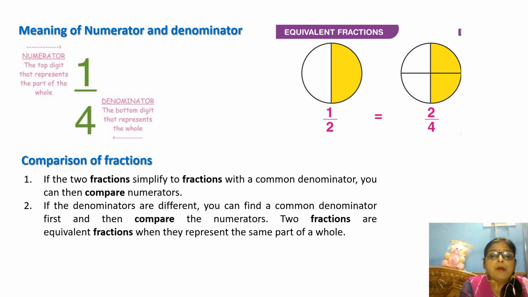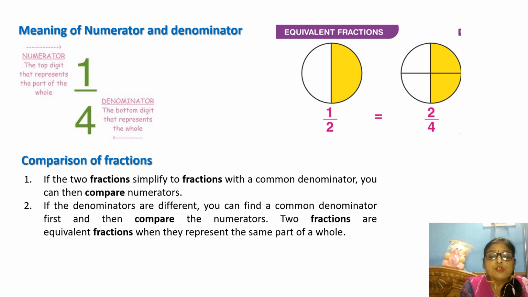Next one, comparison of fractions. You have to find out, so many fractions are given there, and then you have to find out which one fraction is greater and which one fraction is smaller. So there is a process. First process, if the two fractions have a common denominator, you can then compare the numerators.